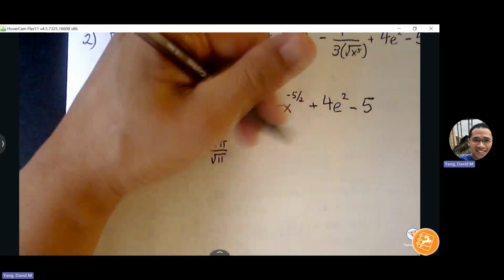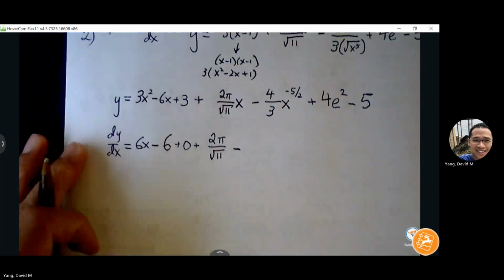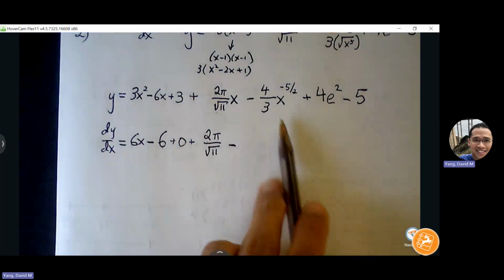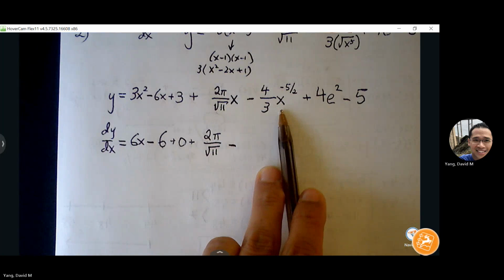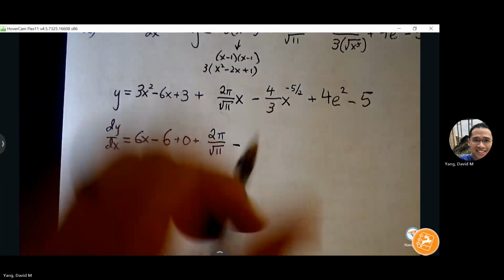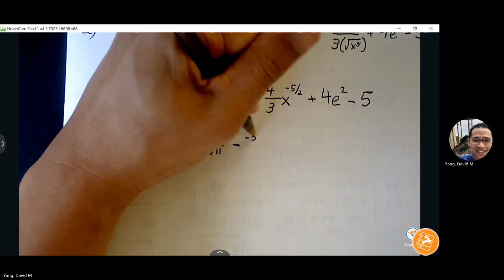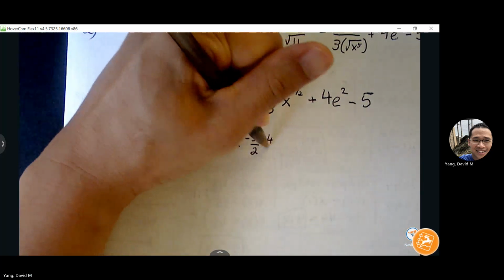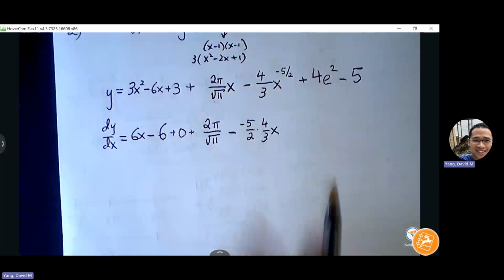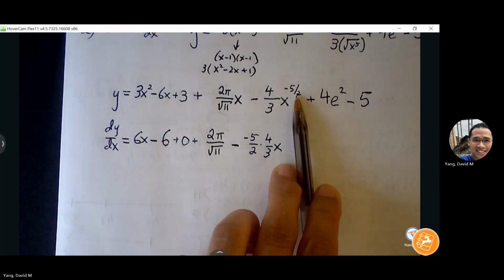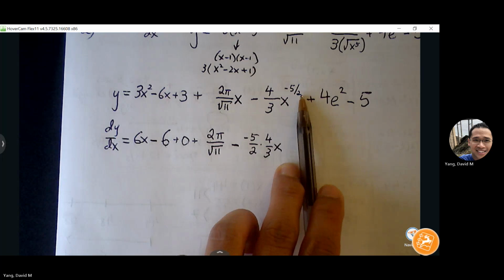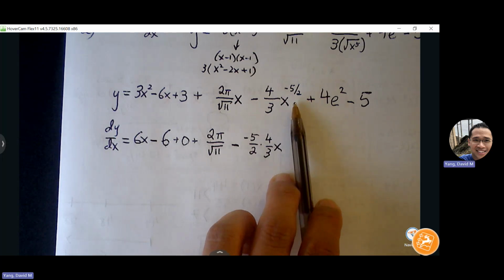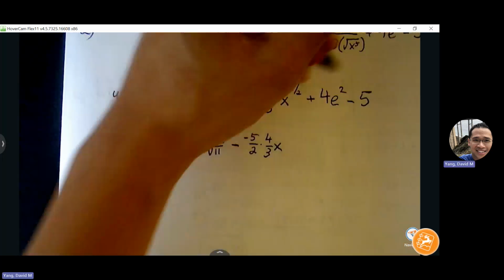All right, next up. What's the derivative? How would you set this one up to do power rule? Okay, what's my new exponent? Yep, but you're subtracting 1, right?